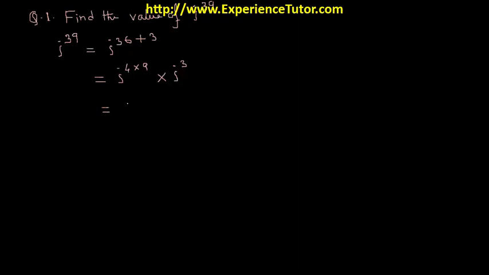We can write i to the power 4 into 9 as 1, because its power is a multiple of 4, and i to the power 3 we can write as minus i. So minus i is the answer.